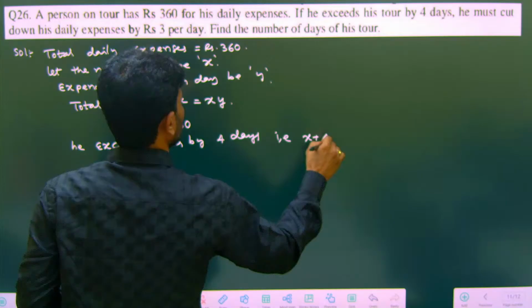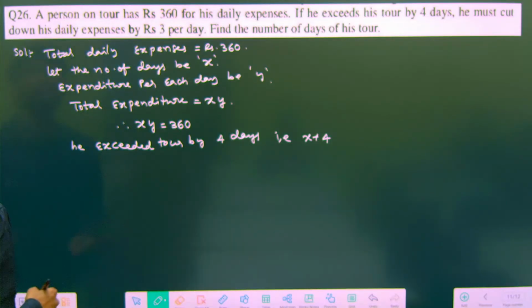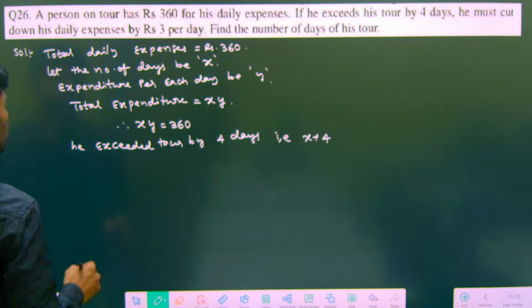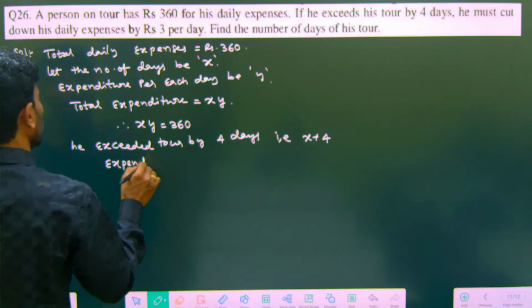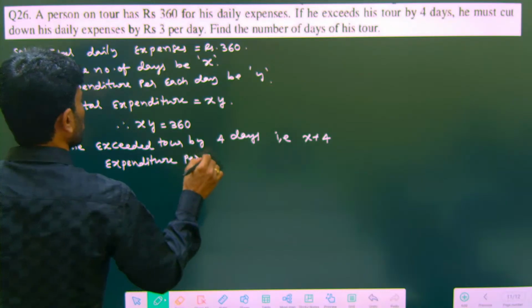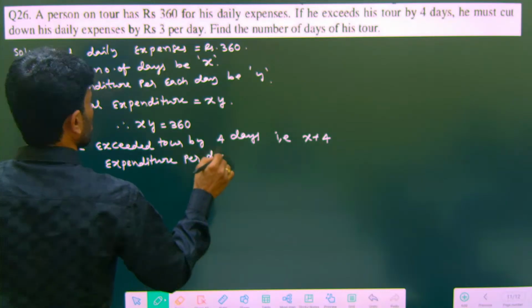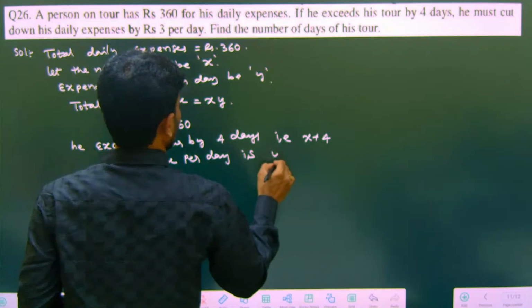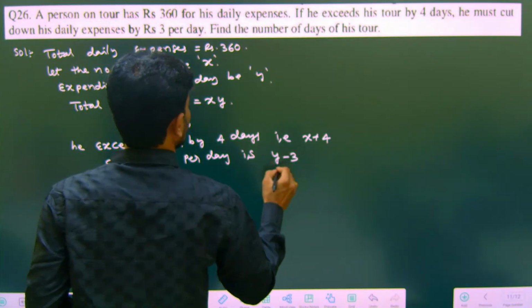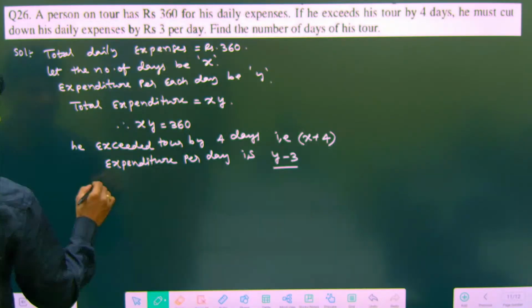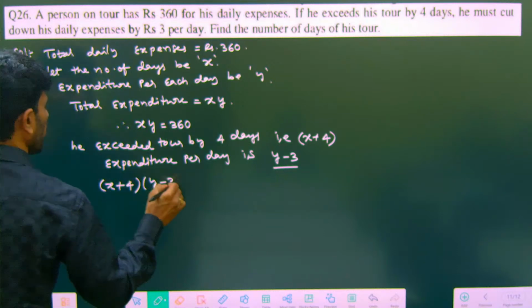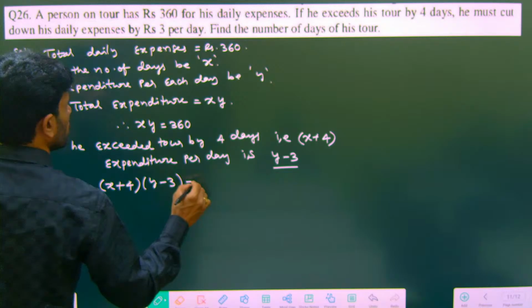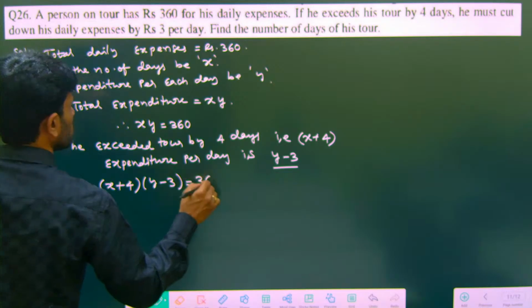Then the expense per day is reduced by 3 rupees. Expenditure per day is y minus 3. Now total cost is what? x plus 4 into y minus 3 is equal to the total cost, which is 360.